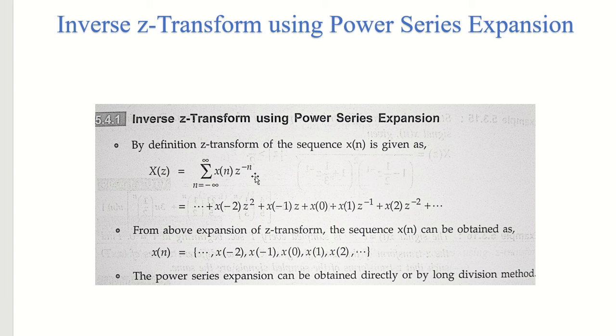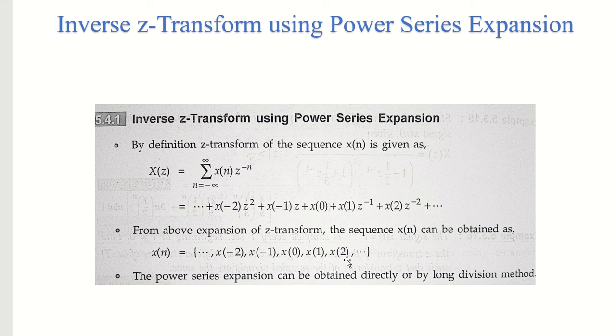From this expansion, the sequence x of n can also be written using this formula, because n goes from minus infinity through minus 2, minus 1, 0, 1 and 2 till infinity.